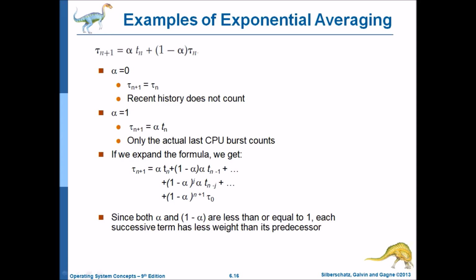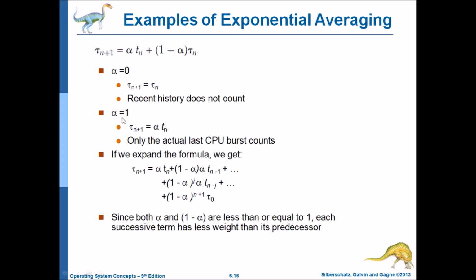So the recent history does not count when alpha is 0. So the next prediction would be just equal to the previous prediction.